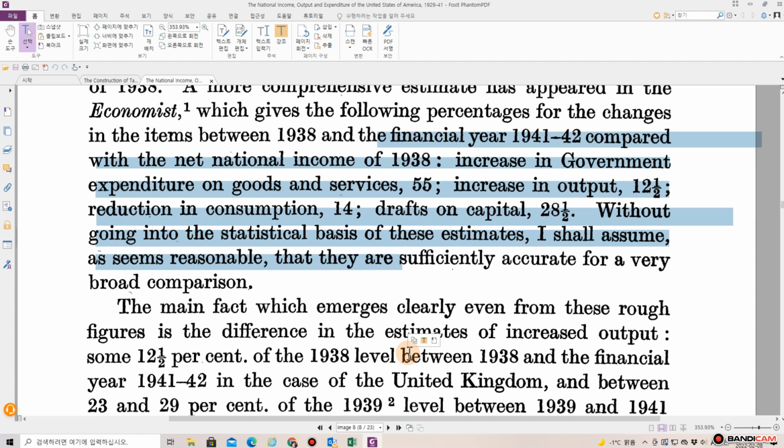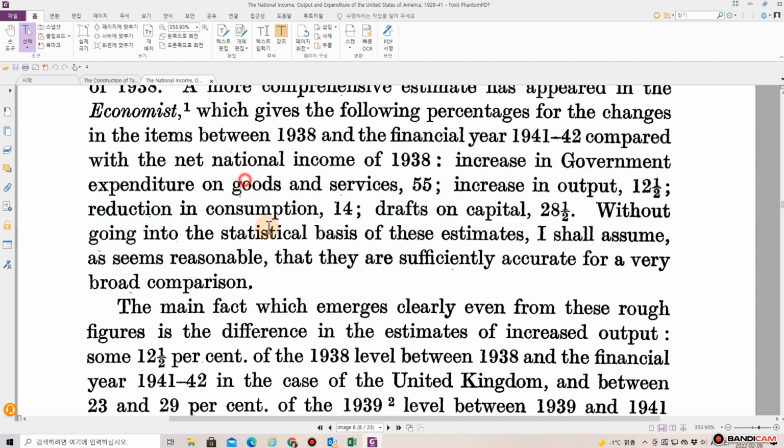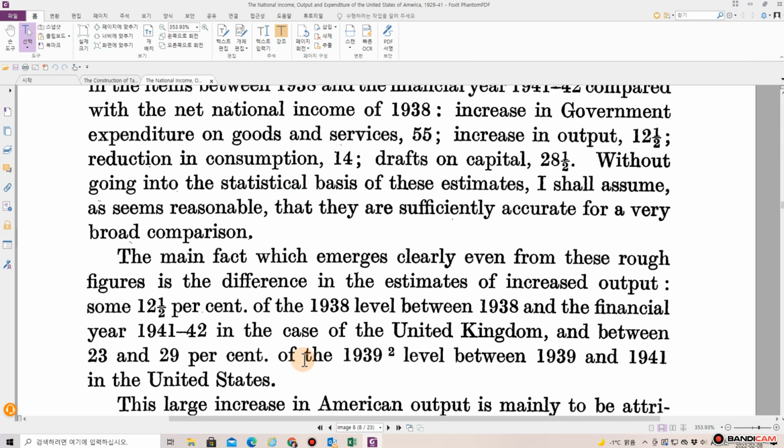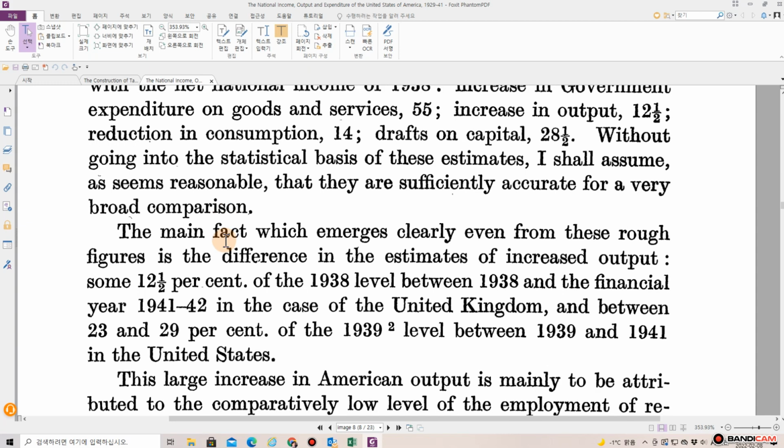Increase in outputs, 12.5. Reduction in consumption, 14. And drafts on capital, 28.5. Without going into the statistical basis of these estimates, I shall assume, as seemed reasonable, that they are sufficiently accurate for very broad comparison.